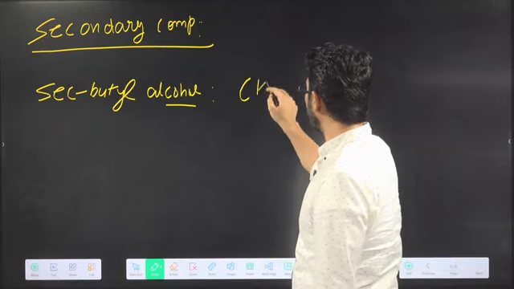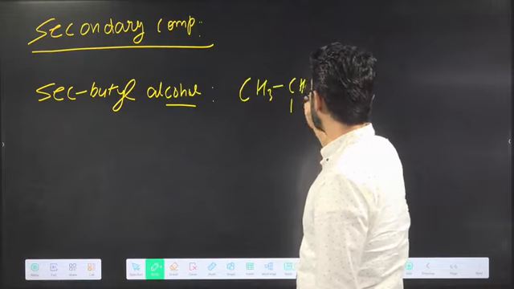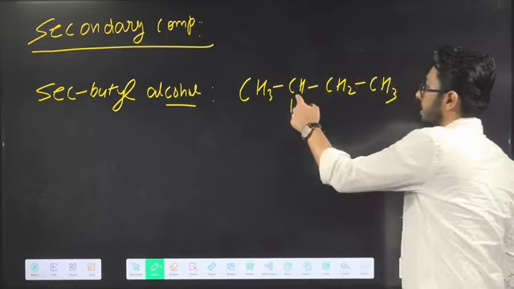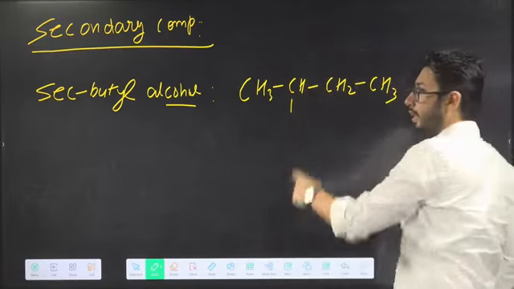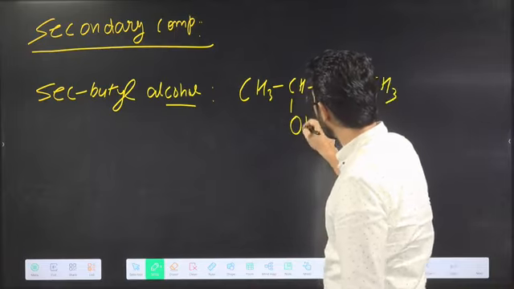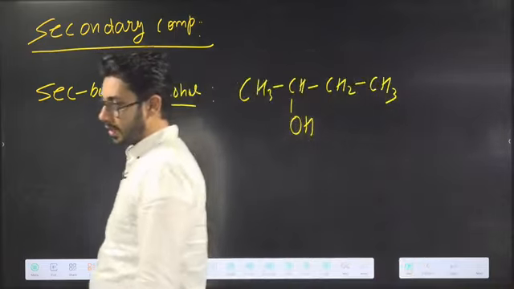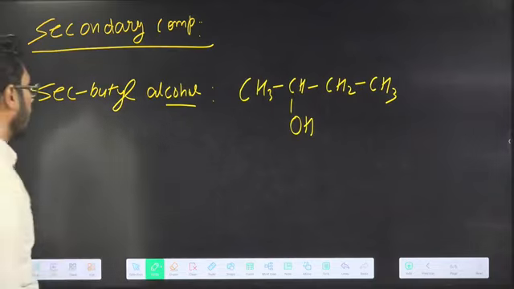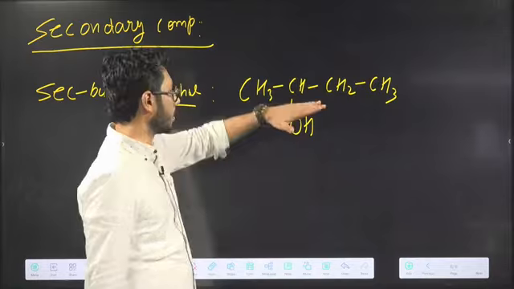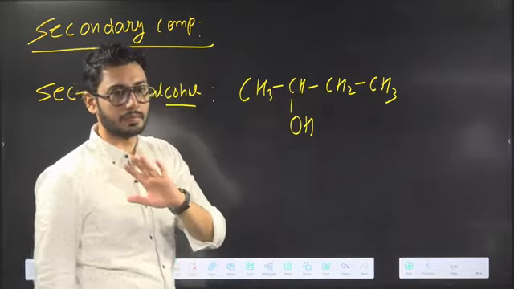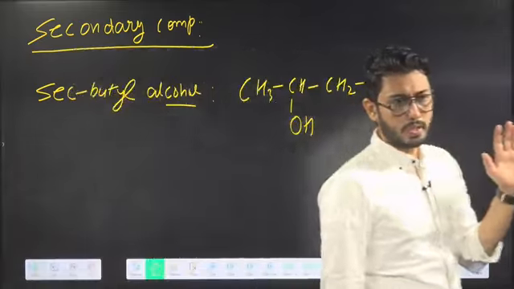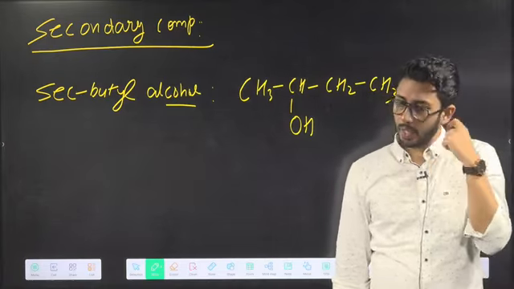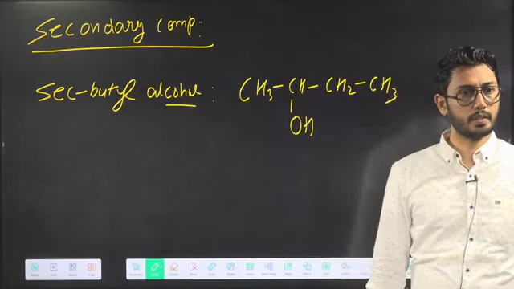So when you write the structure CH3 CH2 CH CH3, the CH is the secondary carbon, and the OH group is bonded to the secondary carbon. This is the meaning of sec butyl alcohol. Whatever group, it will be bonded to the secondary carbon. Beyond it, no such example is given in the NCERT. So sec butyl alcohol, sec butyl chloride, that's the significance.